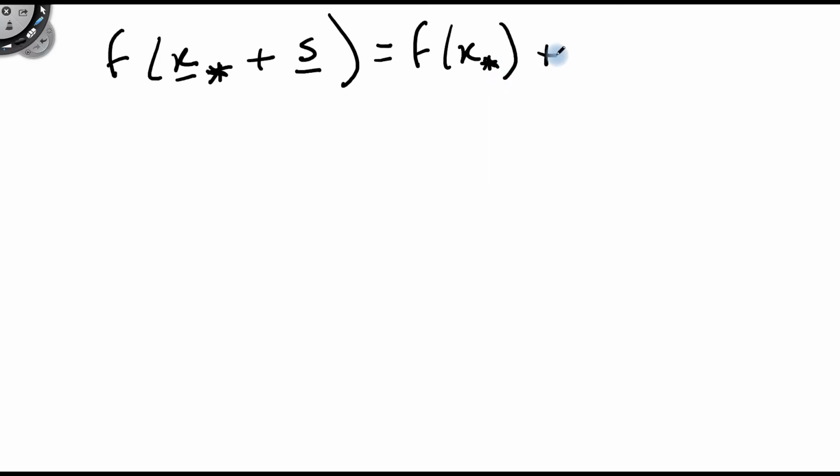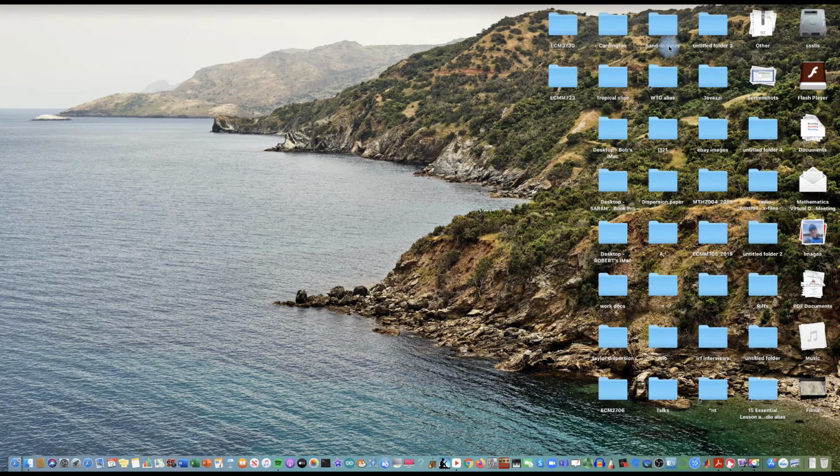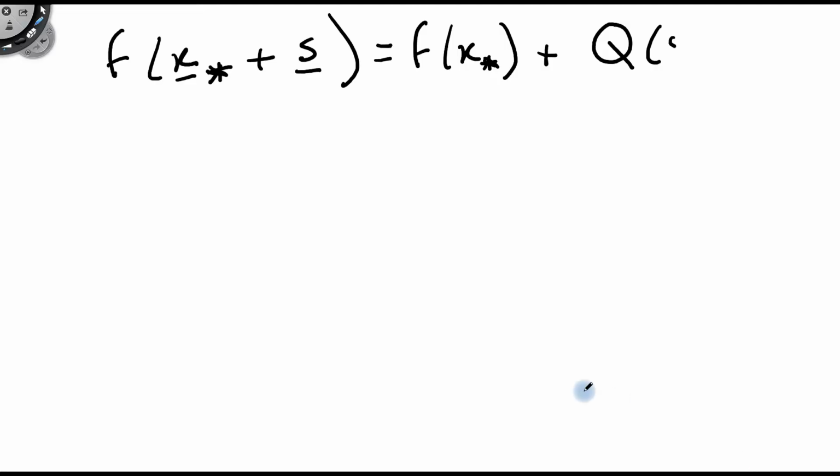The first derivative is 0 because we're at the minimum, plus this Q quantity. And of course the half factor wasn't included in its definition, so it comes in there.